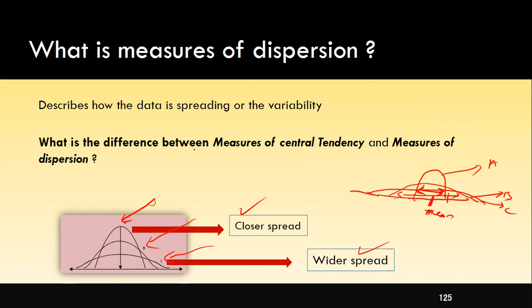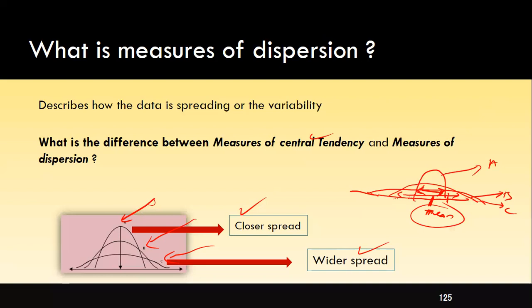Now let us understand the difference between measures of central tendency and measures of dispersion. The central tendency tells us the center of the data. For example, you want to find the mean; it tells us the mean is there in the middle. The center of the data you can find with the measures available as part of measures of central tendency.